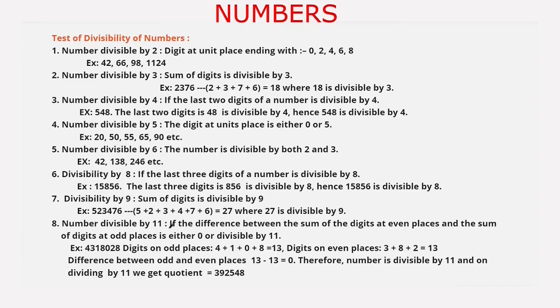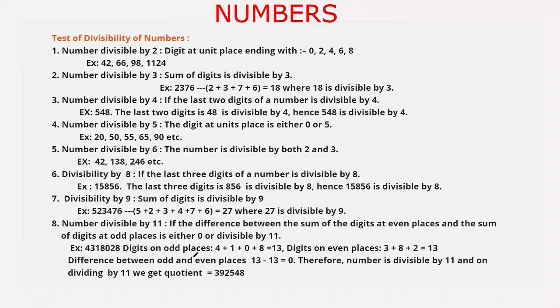Number divisible by 11. If the difference between the sum of the digits at even places and the sum of the digits at odd places is either 0 or divisible by 11, then the given number is divisible by 11. For example, the given number is 4318028.